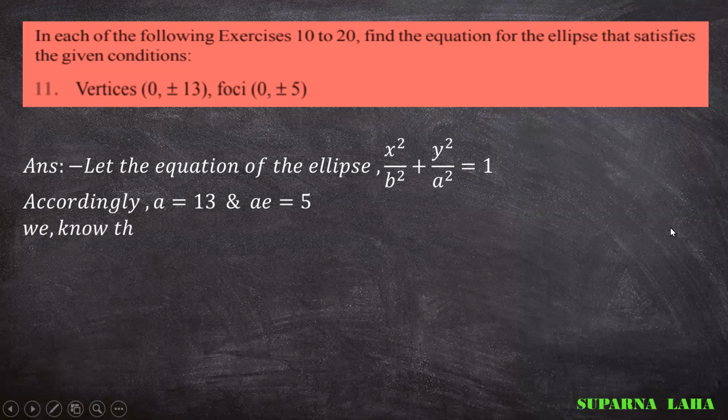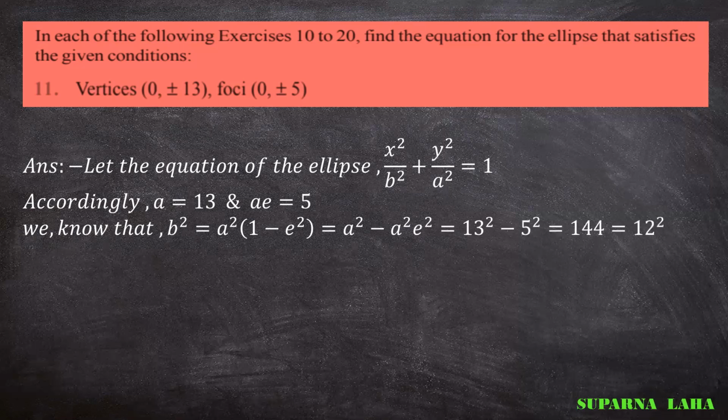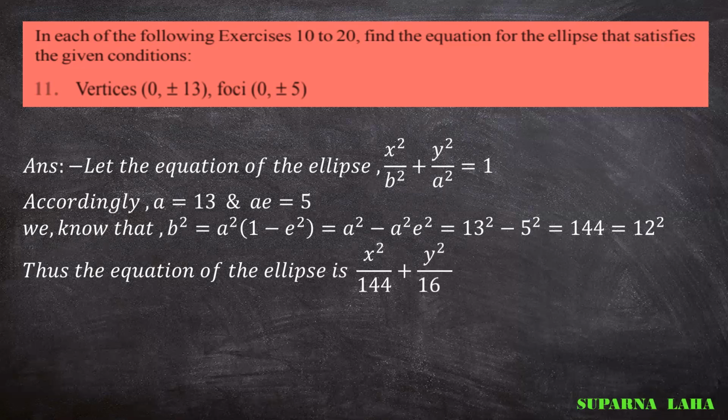Now from here you can easily find the value of b, since b square is equal to a square into 1 minus e square. Put the value of a and find the value of b square, which is 12 square. Now rewrite the equation again: x square by 144 plus y square by 169 is equal to 1 is the equation of this ellipse, whose vertices and foci are given.